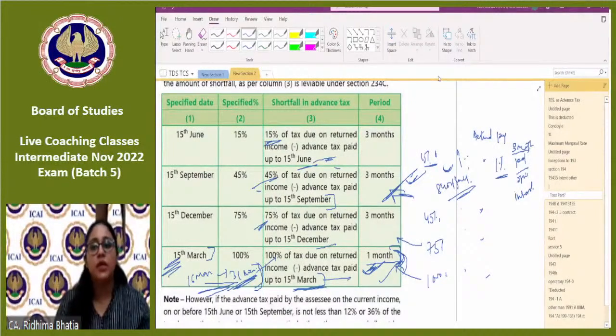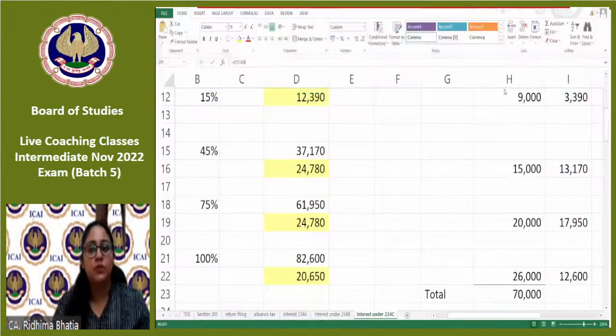Is this visible? Okay. So actual payment which happened was 9,000, 15,000, 20,000, 26,000. These were the payments, total 70,000. So obviously there is less amount.